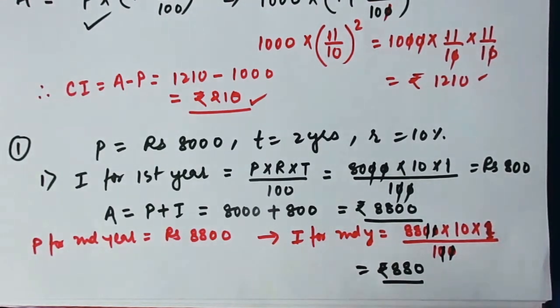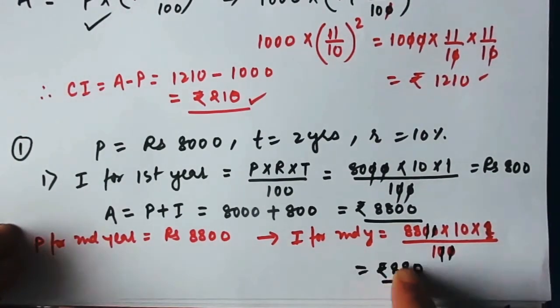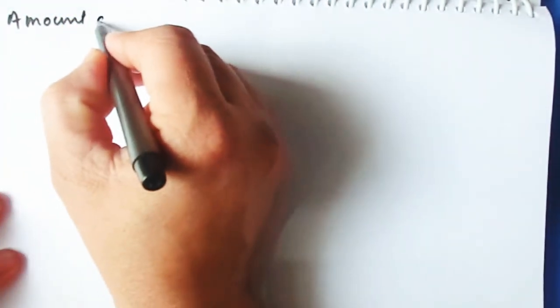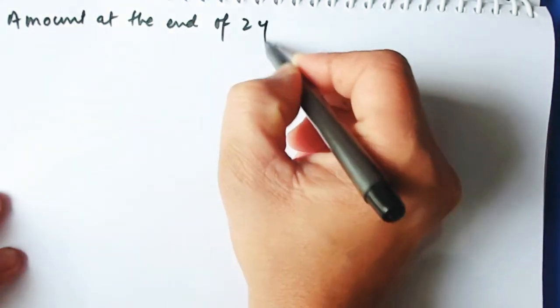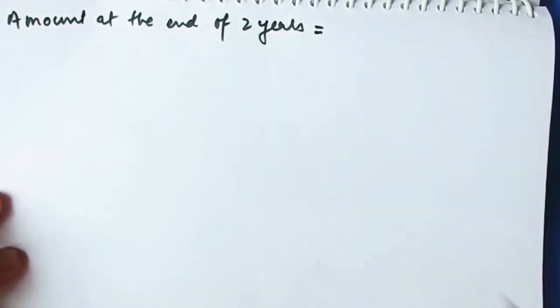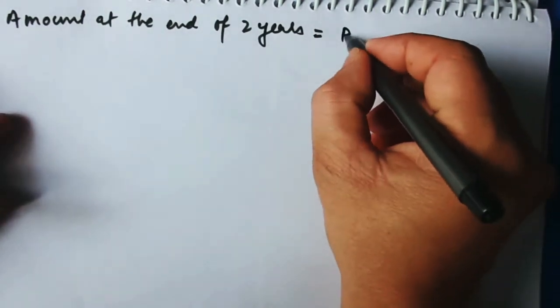तो final amount will be how much? I will add this rupees 880 to the principal. So your amount at the end of 2 years will be equal to principal plus interest.